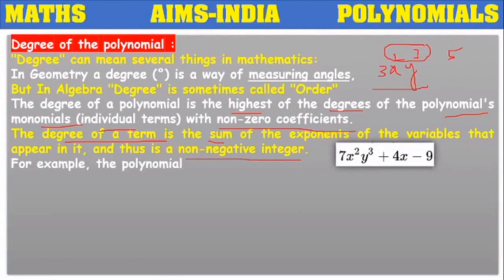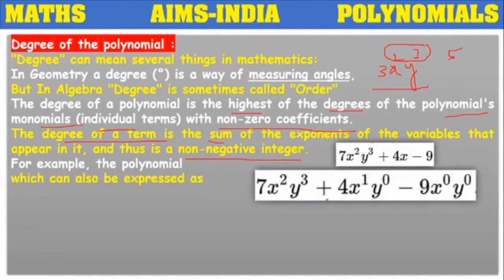We can take one more example like this, 7x squared y cubed plus 4x minus 9. Here in the first term we have both the variables x and y, but in the second term the variable y is missing and x does not have any exponent.